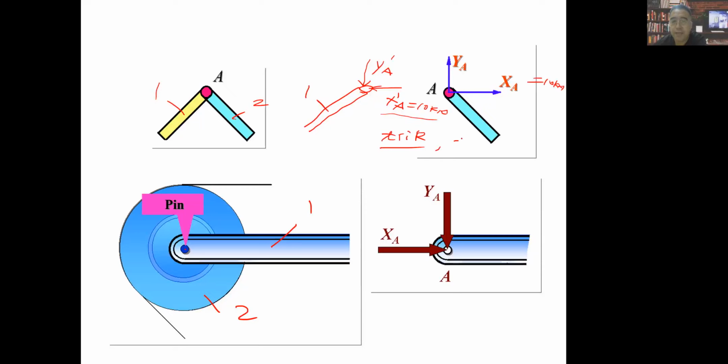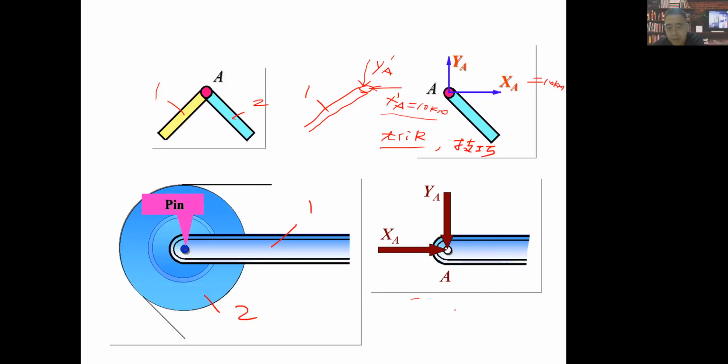Trick, maybe in Chinese we call that 技巧. So this process will simplify our calculation, right? So if we select this rod 1 as the object to analyze, the reaction forces acting by the wheel on the rod will be XA and YA.